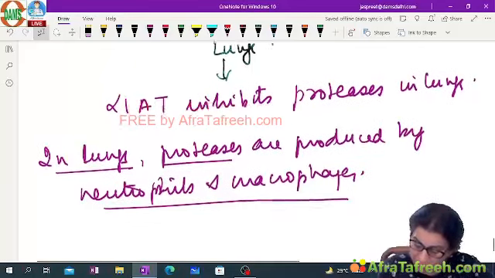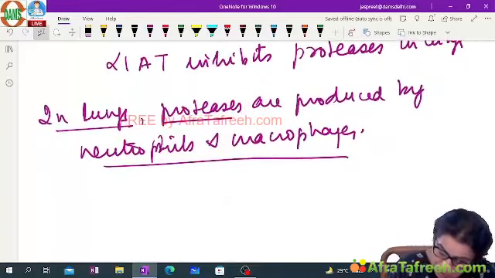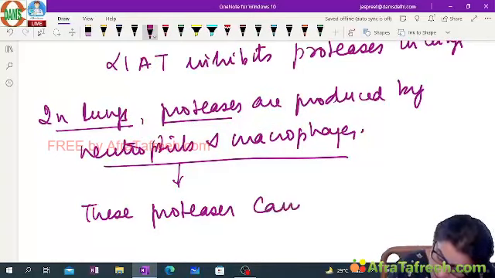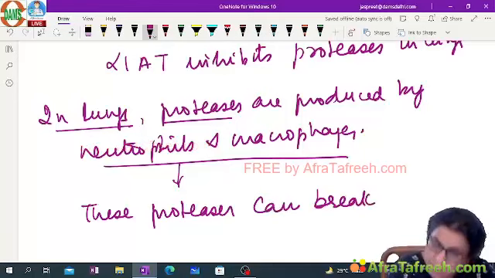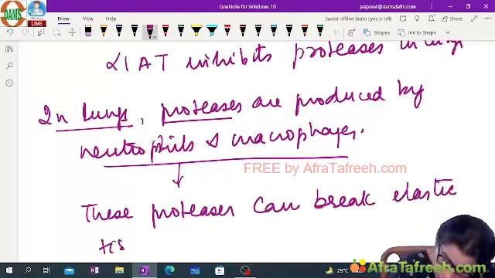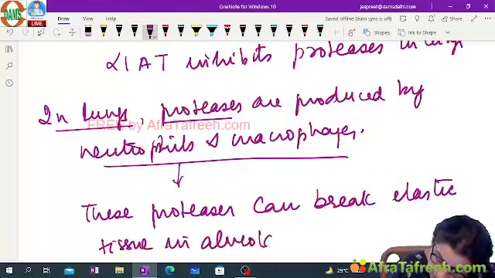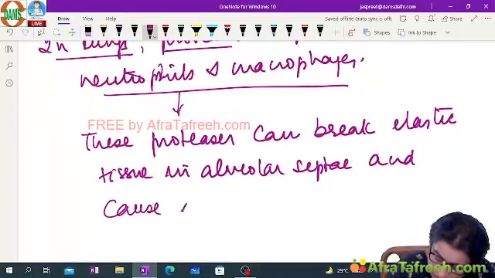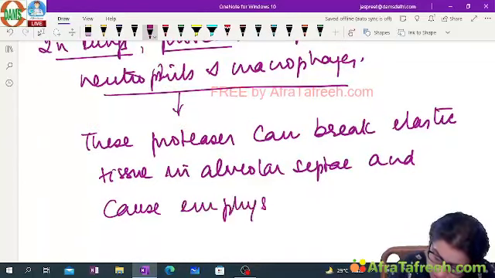Otherwise, these proteases can break the elastic tissue in the alveolar septae and cause emphysema in the lung.